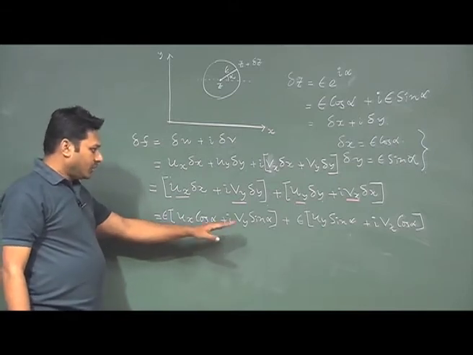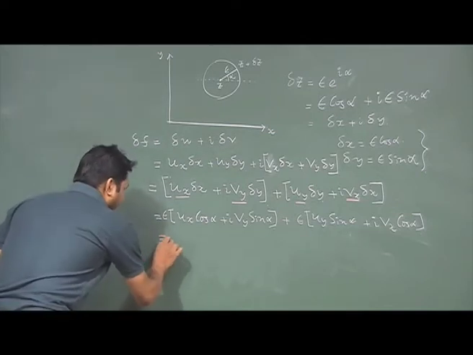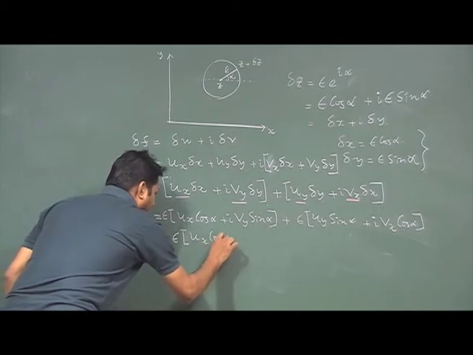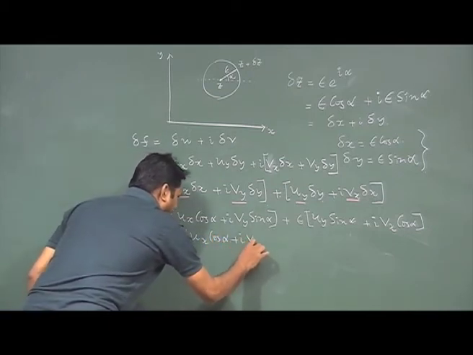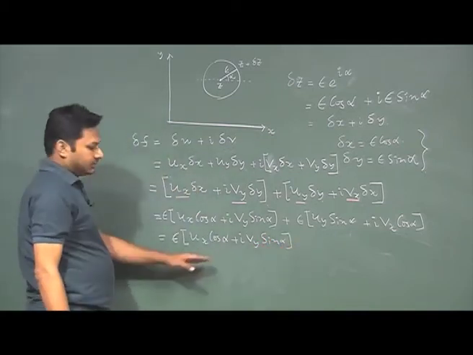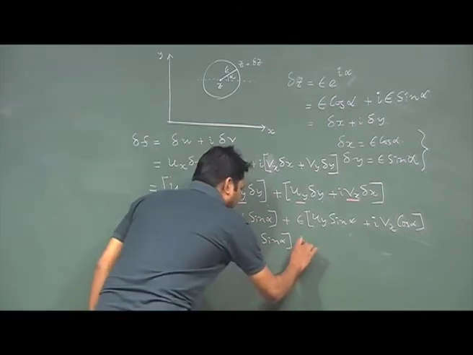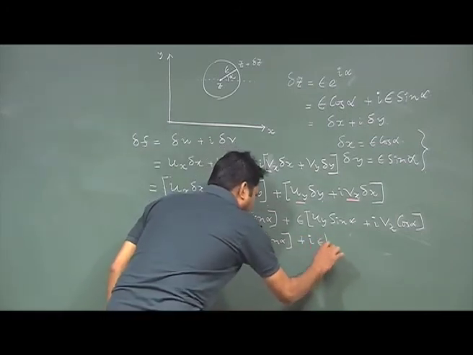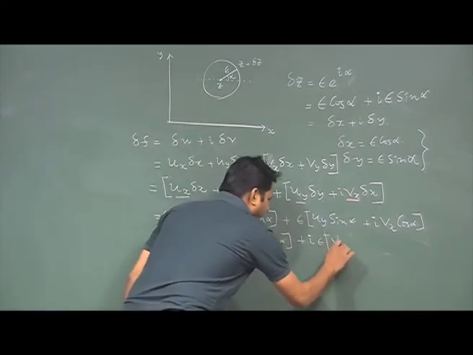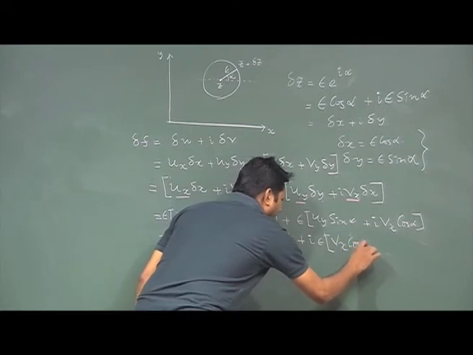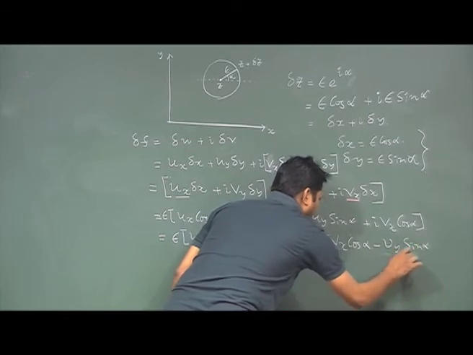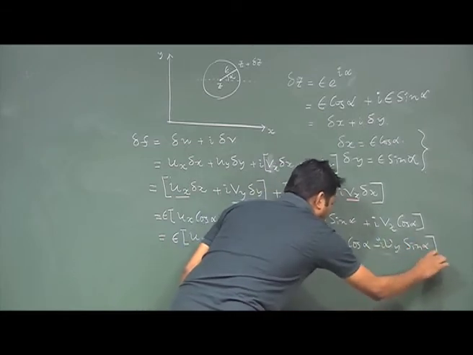Now, I will again rearrange these things slightly. So, epsilon times ux cos alpha plus I vy sin alpha, plus I epsilon, I take I common from here, vx cos alpha minus uy sin alpha, with one I inside here.